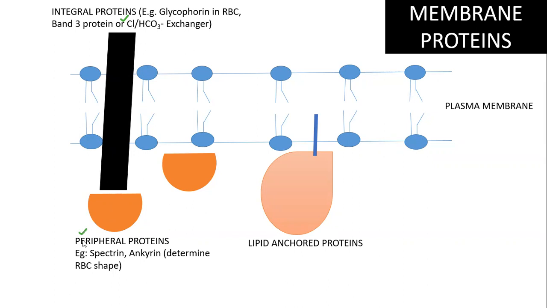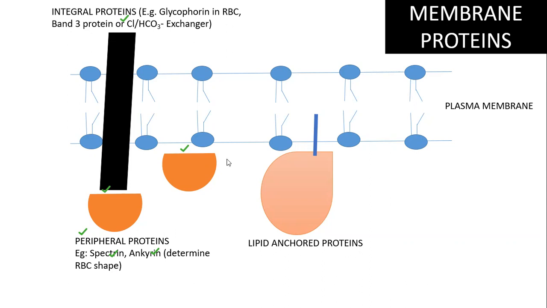Next comes the peripheral protein. Peripheral proteins are those proteins which are located in the periphery of the plasma membrane. Either they might be attached to the integral protein or they might be attached to the lipid layer. Some examples of peripheral protein are spectrin and ankyrin, which help in determining the shape of the RBC.